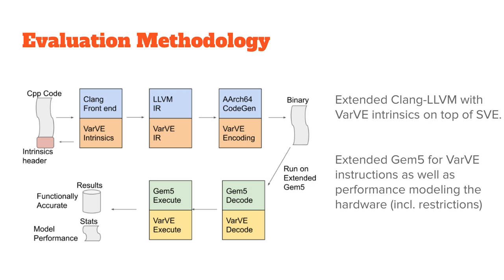In evaluation, we extended Clang and LLVM with VarVE intrinsics and CodeGen to compare C++ code written with VarVE intrinsics. Gem5 is also extended with VarVE instruction encoding and performance modeling for the hardware we designed, including all adjustments and restrictions.